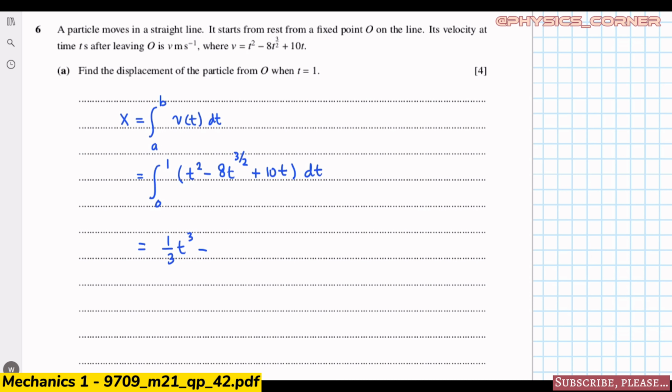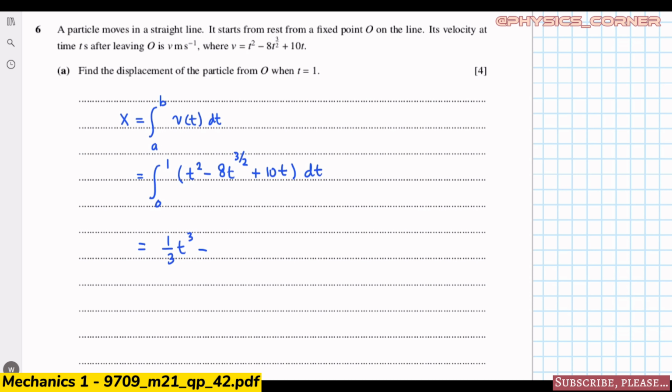This is like 16 over 5 t, this is power 5 over 2, because integrating is like the power plus 1. 3 over 2 plus 1 equals 5 over 2.